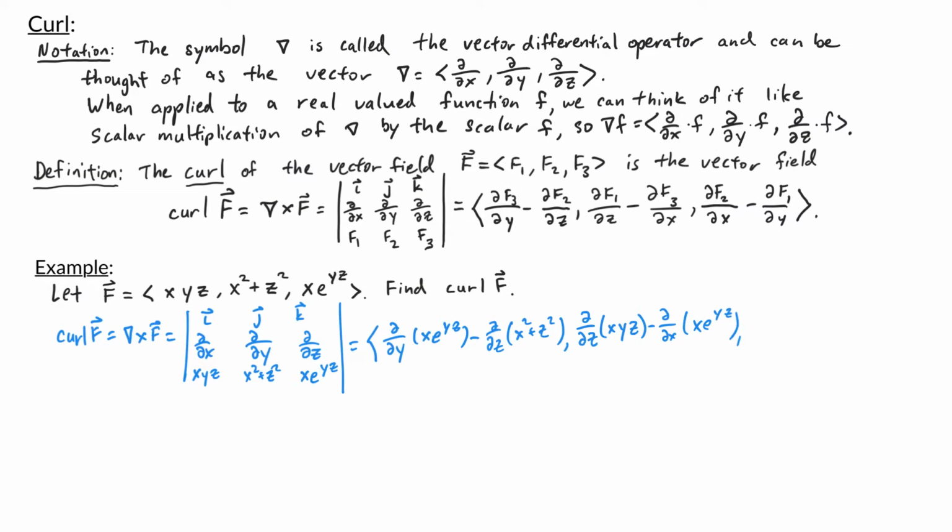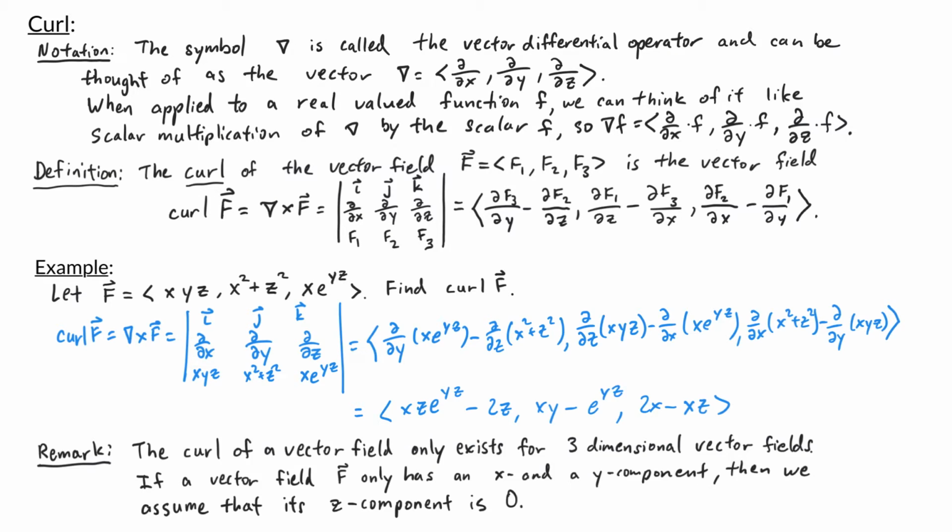And the last component is partial derivative of x squared plus z squared with respect to x minus partial derivative of xyz with respect to y. So this gives us xz times e to the yz minus 2z. Then we have x times y minus e to the yz. And then lastly, 2x minus xz. So that's the curl of the vector field f.